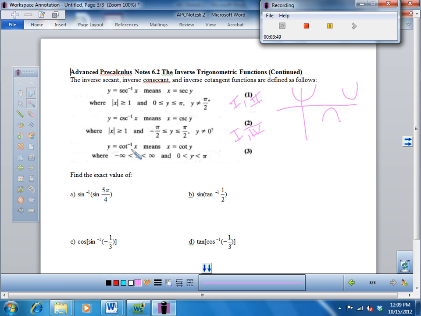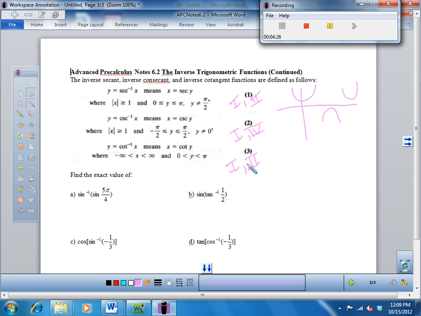Now the weird one is inverse cotangent, and for reasons beyond our control, it's due to the graph of cotangent. Inverse cotangent you look for in quadrants 1 and 2. So even though inverse tangent is found in quadrants 1 and 4, inverse cotangent is found in quadrants 1 and 2.